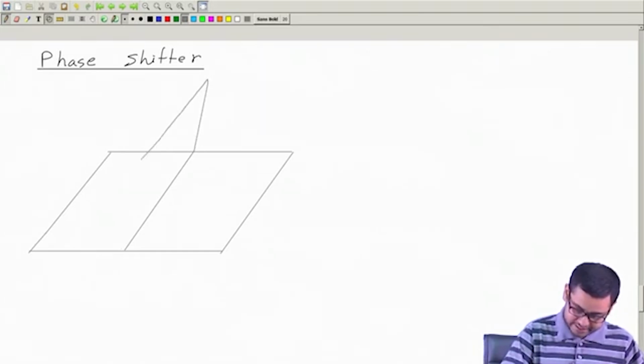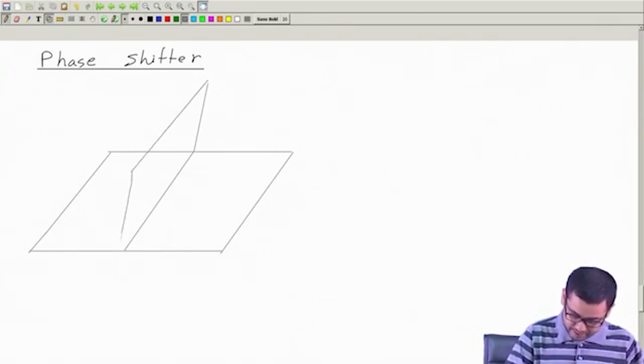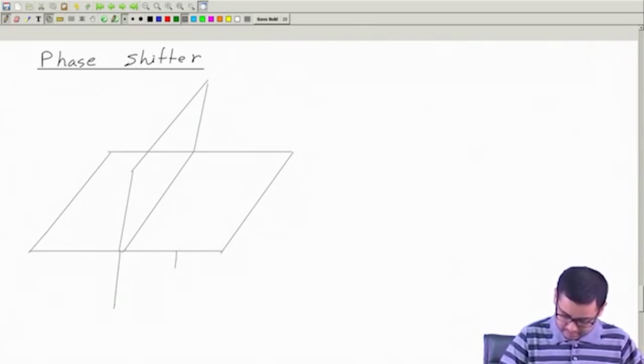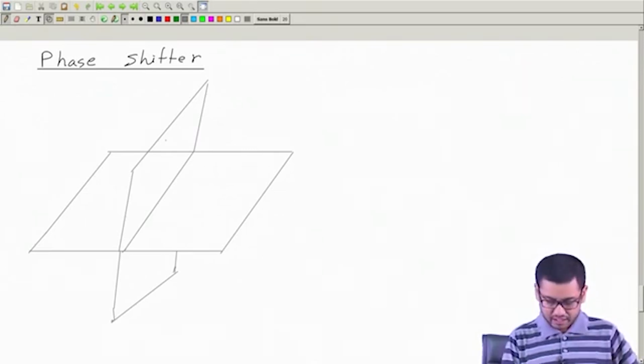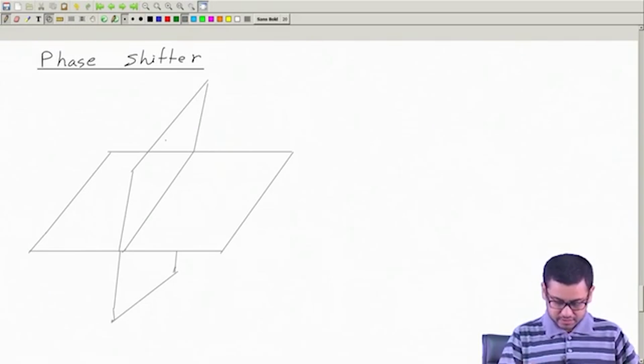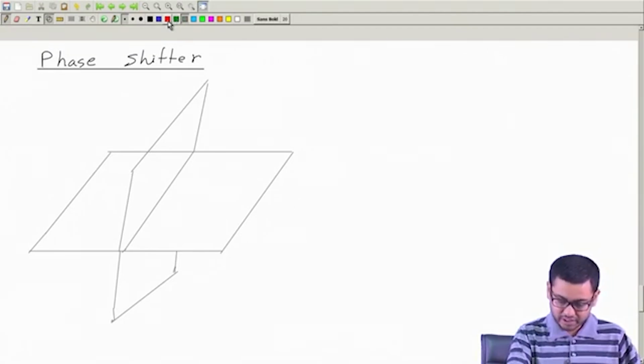These are fictitious or imaginary planes. So, we have 2 planes, one horizontal, one vertical, and now let me place 2 coils in these 2 planes like this.